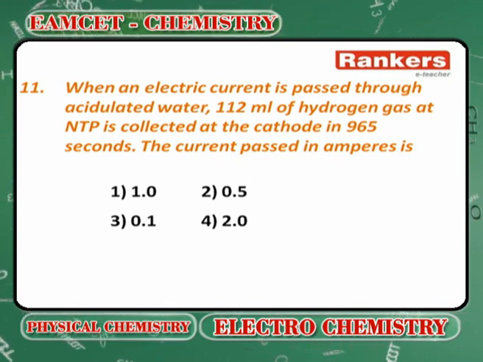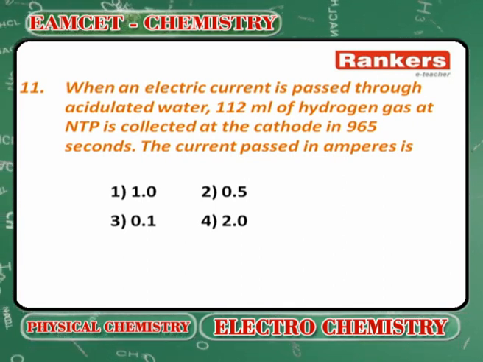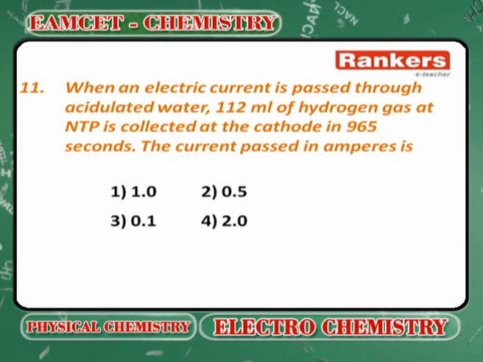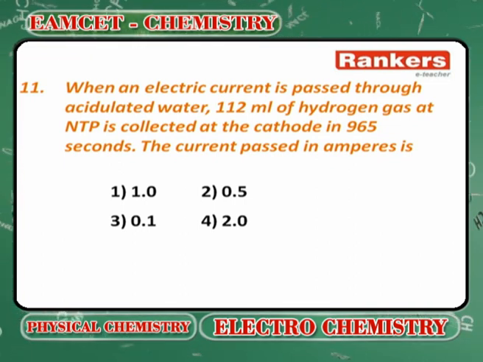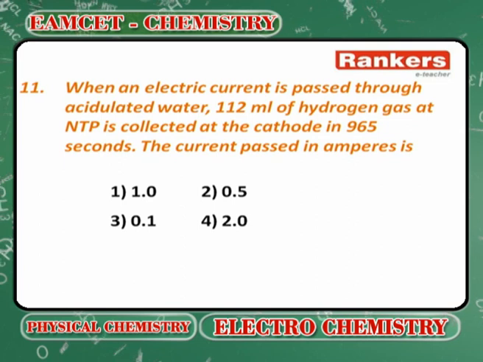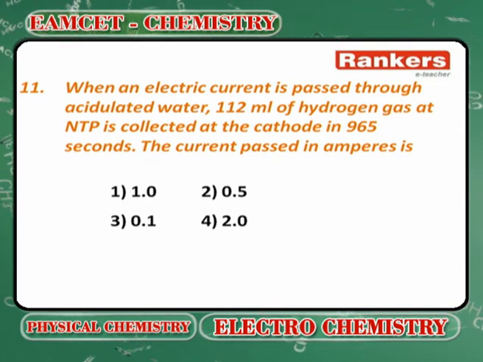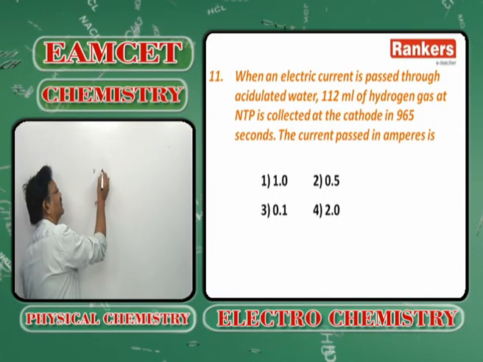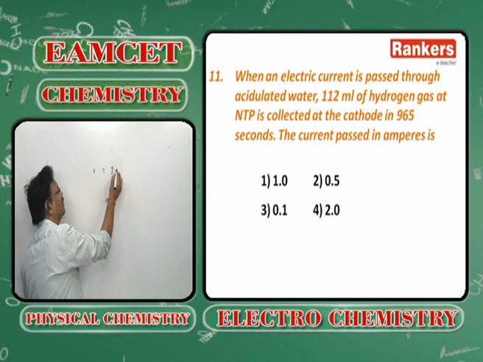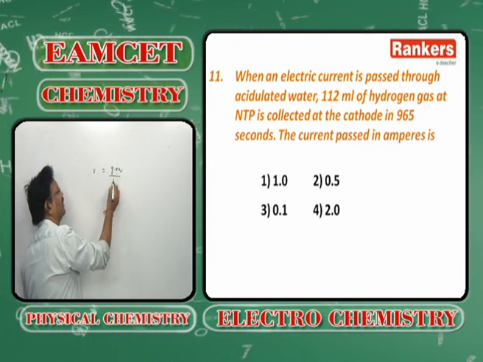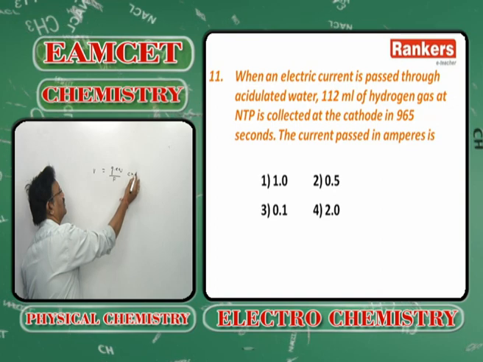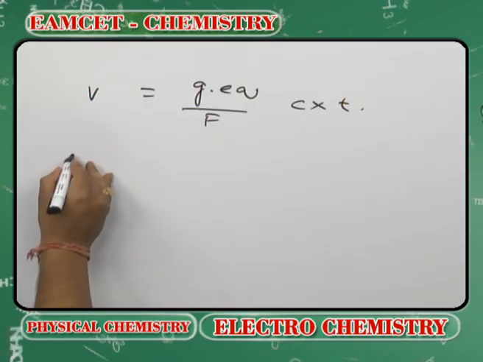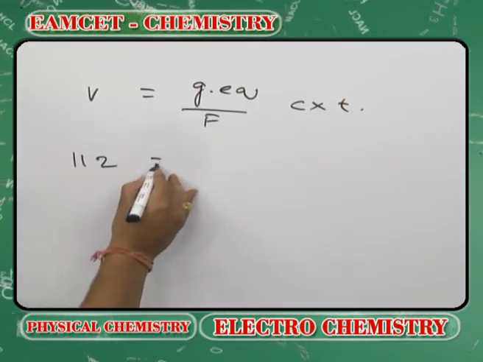When an electric current is passed for 965 seconds. So this is also simple. The volume is given. So what will be the expression? Volume is equal to gram equivalent volume by F into C into T. What is V? 112 ml.